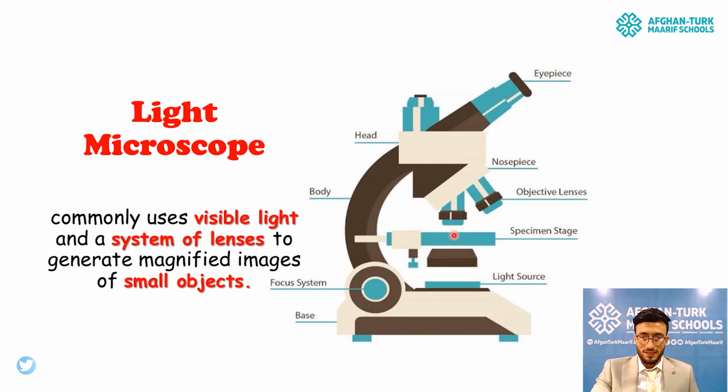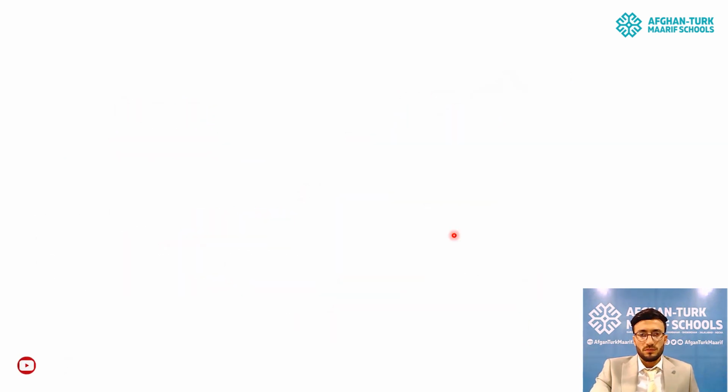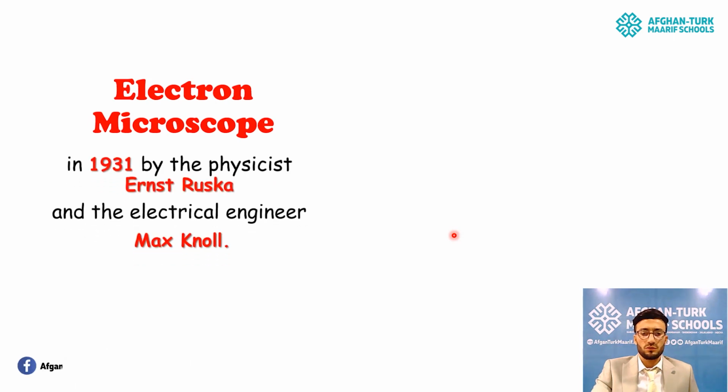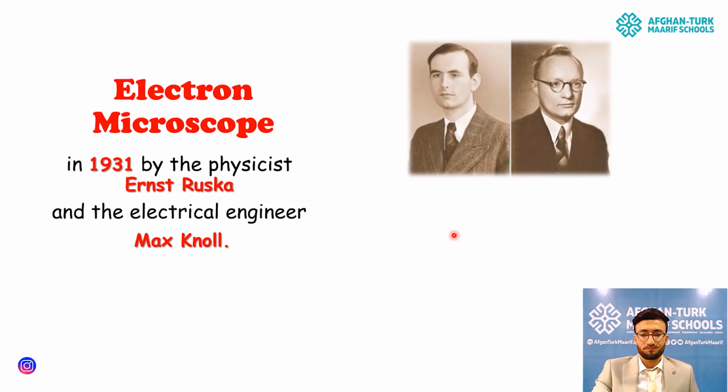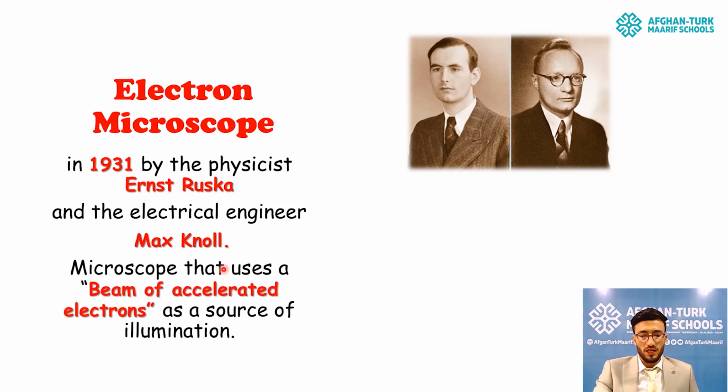Let's talk about another important microscope, especially the electron microscope. As you know, it is also a referring name, electron microscope, which means they use a beam of accelerated electrons as a source of illumination.